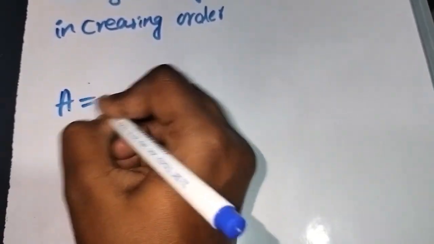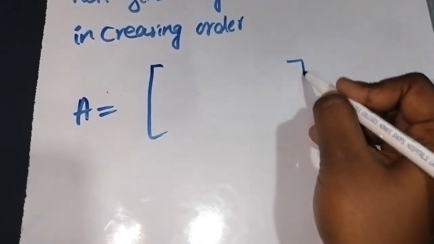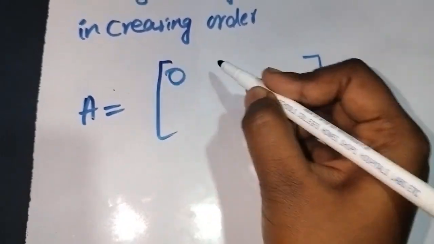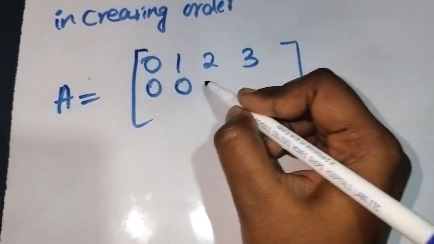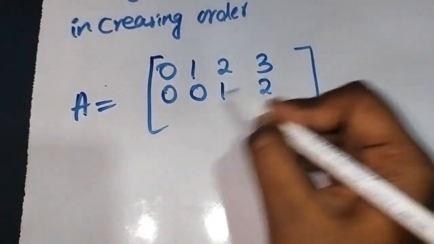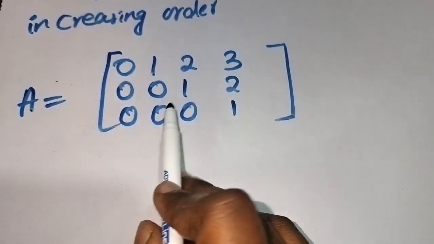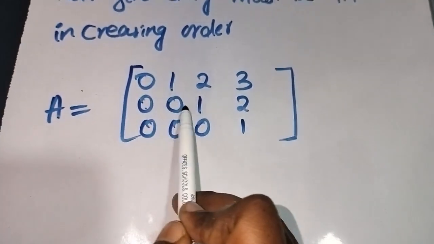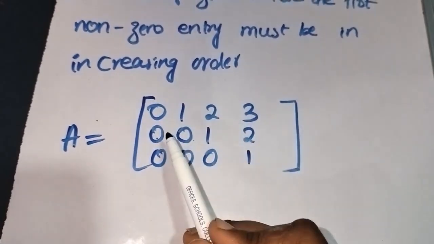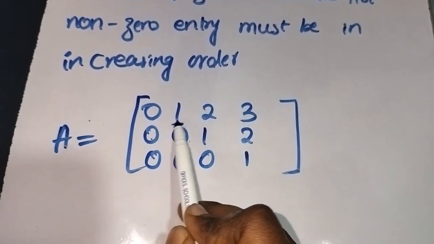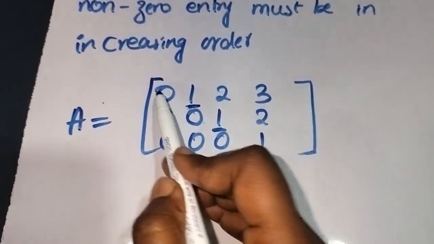If A is a matrix 0, 1, 2, 3, 0, 0, 1, 2, 0, 0, 0, 1. In this matrix, the number of zeros is increasing. It means the number of zeros before the first non-zero entry should be increasing.